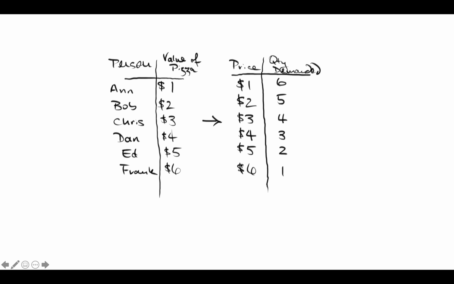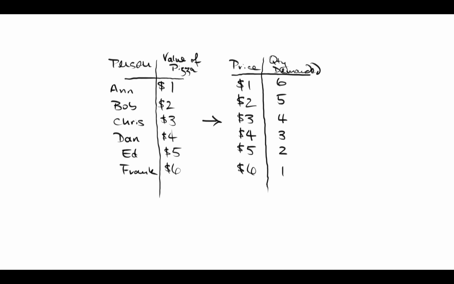This table shows at each price the quantity demanded. Now, if pizza costs $1 a piece, then all 6 of these people would be willing to purchase pizza. But if the price were $2, Ann would decide that pizza's not worthwhile for her. So only 5 slices of pizza would be purchased at $2.